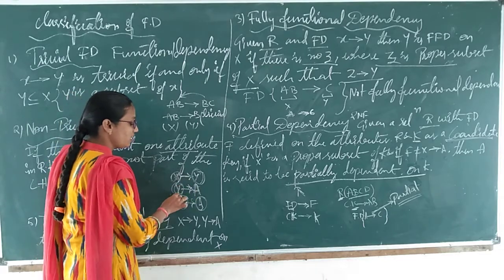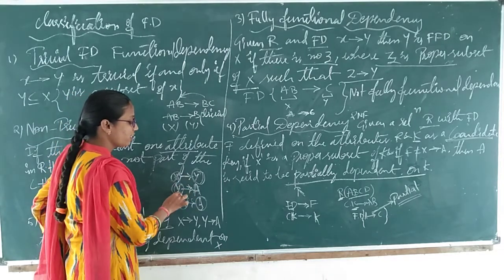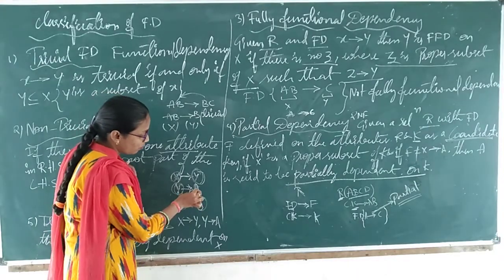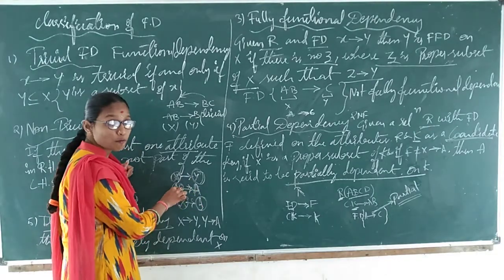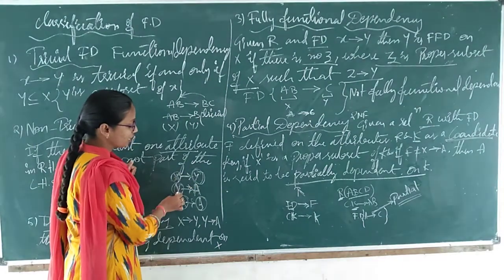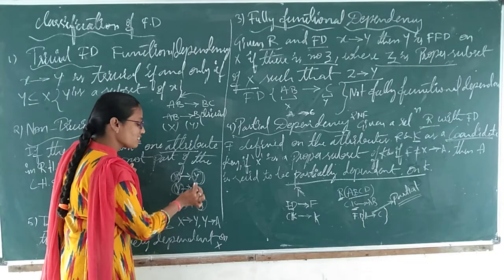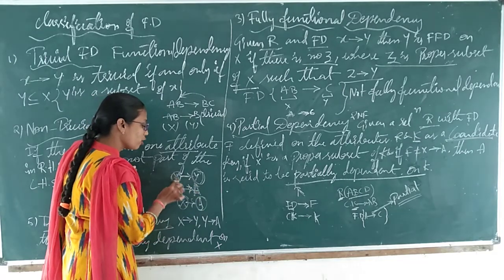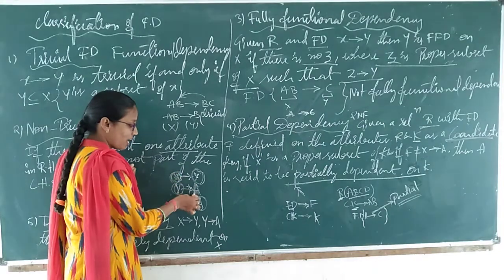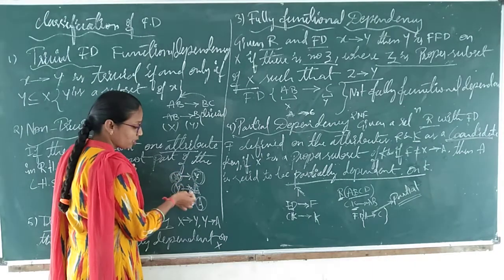Next, Y determines A, so A is dependent on Y, and Y is a determinant. Obviously A is dependent on X. Why? Because Y is dependent on X, and A is dependent on Y.